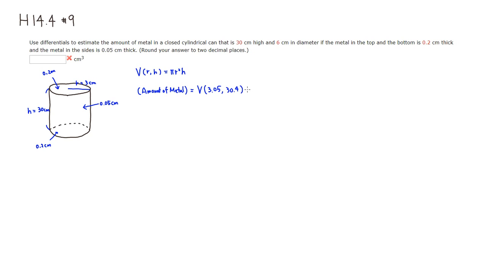Then we subtract the inside volume, because we just want the metal part. So we have V at (3.05, 30.4) minus V at (3, 30).